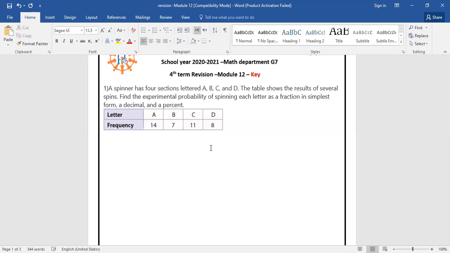Why do we have to find the total? Because we want to calculate the probability, right? With the probability, we will compare between the part and the total.